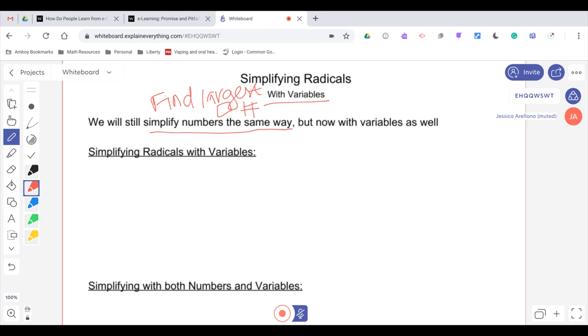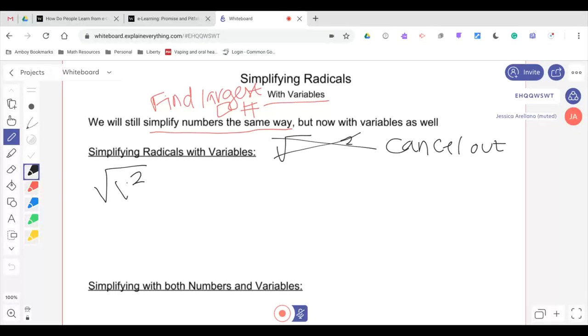Okay, so let's talk about just how to simplify a variable first, and then we will mix the variables with the numbers. The reason square numbers get canceled out by a square root is because exponents of 2 and square roots cancel each other out. So this and a little exponent of 2 cancel out.